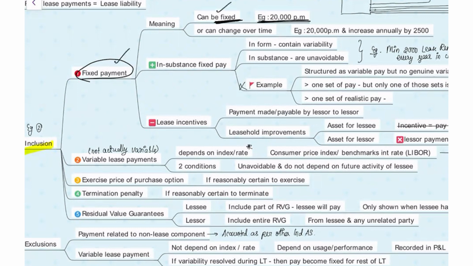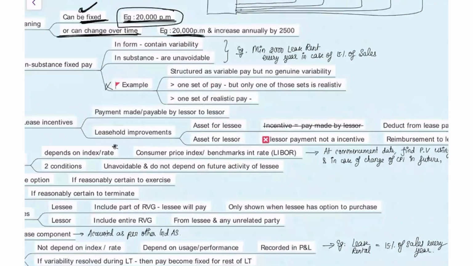It can be a fixed payment, where you directly fix the amount and tell them that you have to pay this every month, or this fixed payment can also change over time, because as you all know, today there is a lot of inflation. So to match with that, the lessor might keep a condition that you will pay 20,000 per month, but this value will increase annually by 2,500.